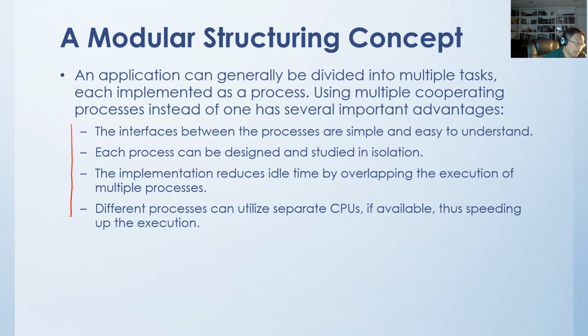Each process can be designed and studied in isolation. The implementation also reduces idle time by overlapping the execution of multiple processes. We'll get to that in an example. And different processes can utilize separate CPUs if available, speeding up the execution of the application.